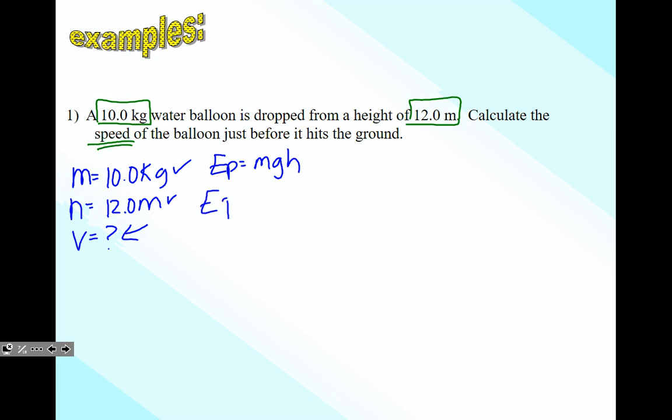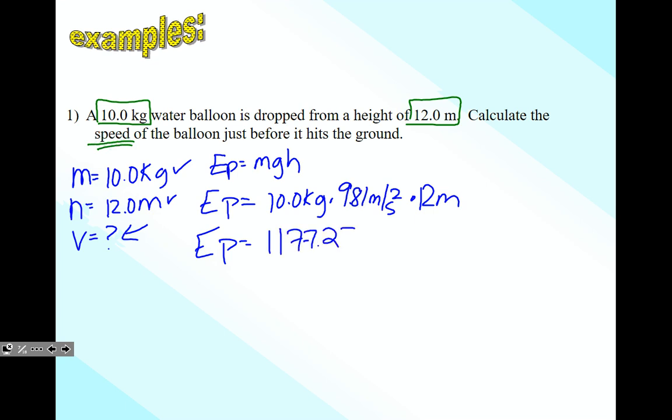So EP is equal to your mass, which is 10.0 kilograms, times 9.81 meters per second squared, and we're going to multiply that by our height, which is 12 meters. So our EP then is equal to 1,177.2 joules, let's just say.